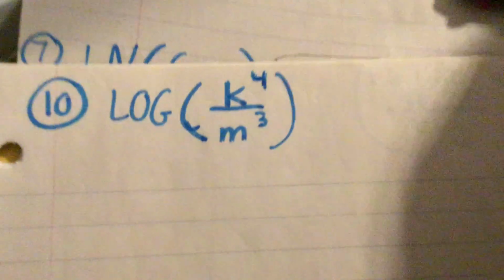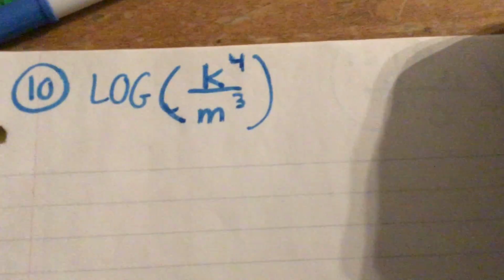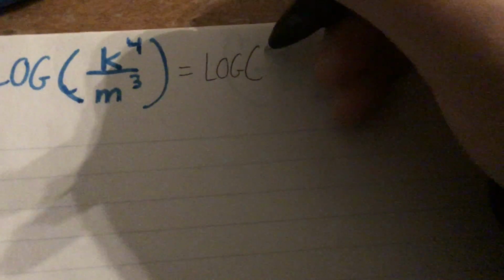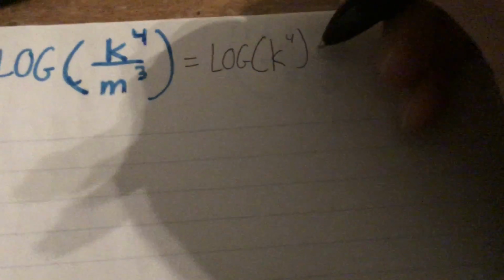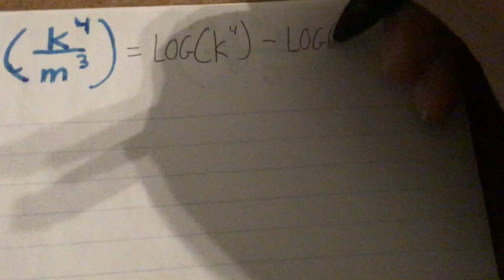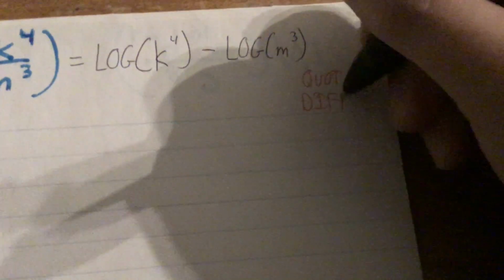Okay, moving on to number 10. Log of k to the 4th over m to the 3rd. What is the big picture here? Well, this is a division problem. So if it's a division problem on the inside, it becomes a subtraction problem with their separate log bases. So log base 10, which means that this is log of k to the 4th minus log of m cubed. And the reason why we did this is because of the quotient difference rule.